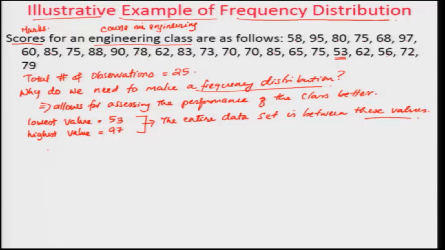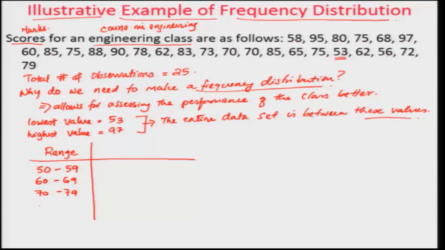So, a simple way to do it is, okay, there are people with scores of 50, there are people with scores of 90. So, let me say that I take ranges. Let me create a simple table with a range, where the first range is 50 to 59, everybody who gets a score from 50 to 59, and the second range is 60 to 69, third is 70 to 79, next is 80 to 89, and then 90 to 99.